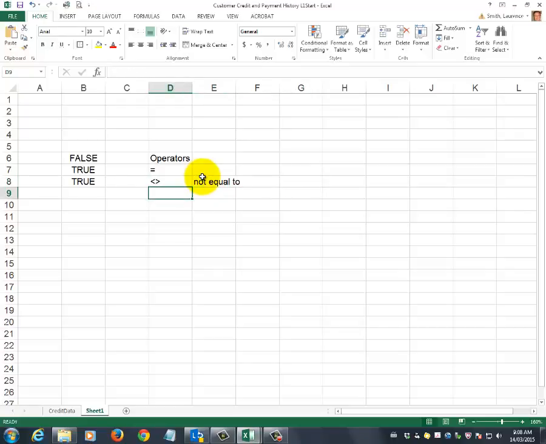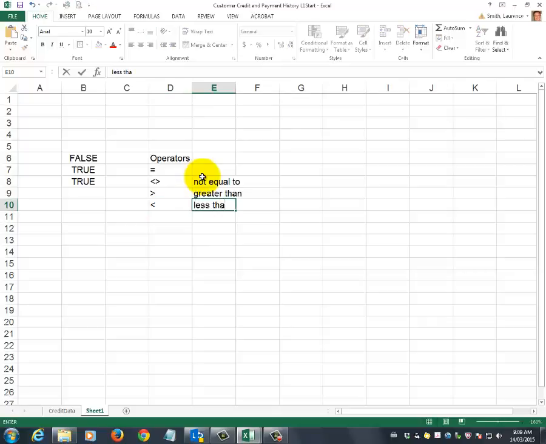So that set of symbols there, those operators, means not equal to. Another one is obviously greater than. The way you might remember this one is that the big end of the symbol means big, greater than, as opposed to the smaller end of the symbol starting first, which means less than.